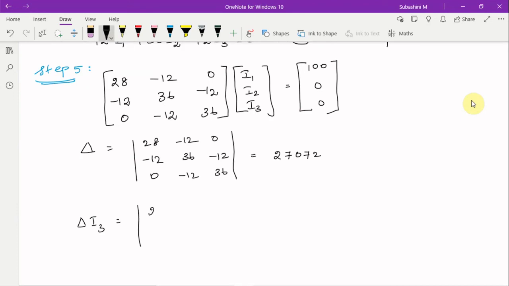I can insert the voltage matrix in the third column. So the third column is now going to be 100, 0 and 0. This will give me the answer of 14,400.